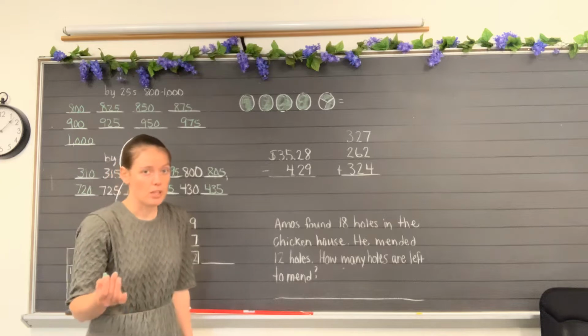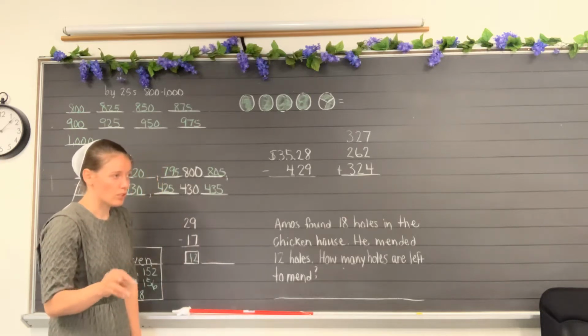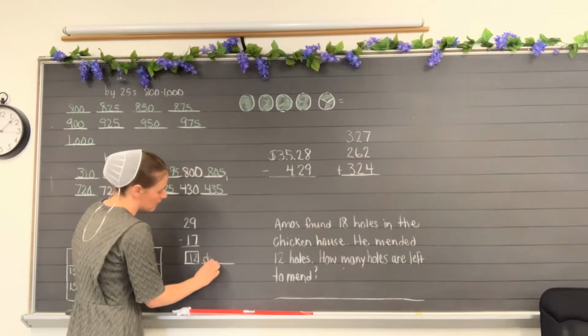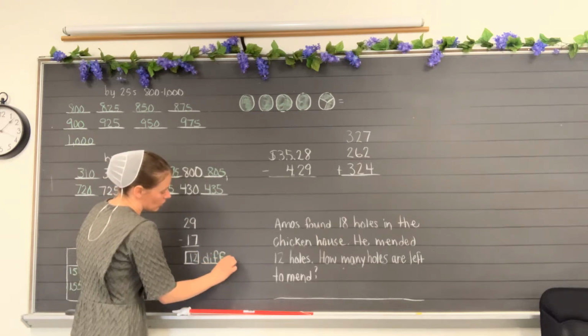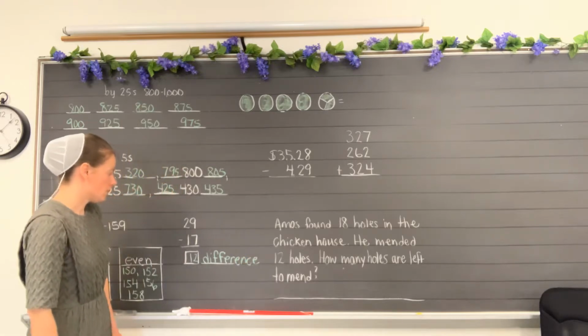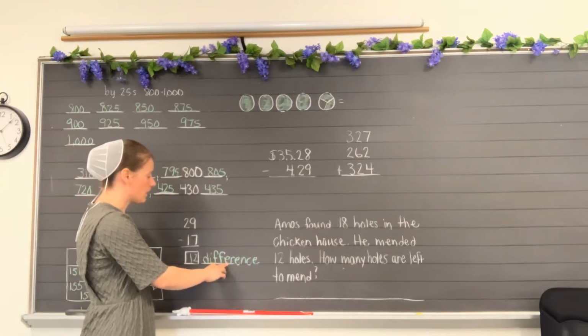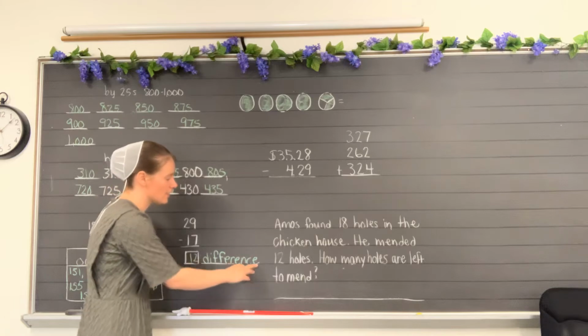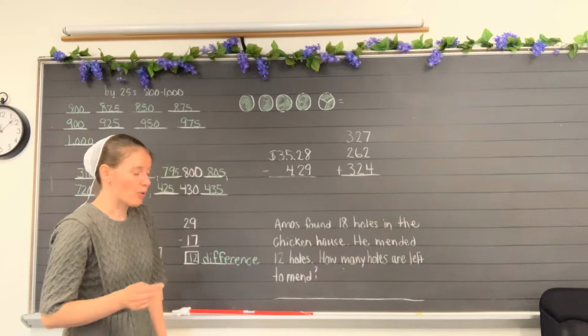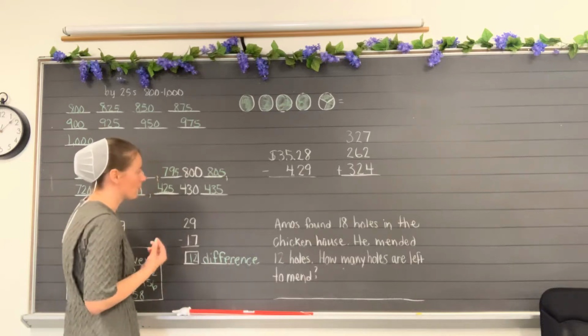Whenever you have addition, it is sum. So this is subtraction here, so we're going to write difference. And difference is spelled D-I-F-F-E-R-E-N-C-E. It's important that you spell that correctly, so try to remember all your letters in the right order.